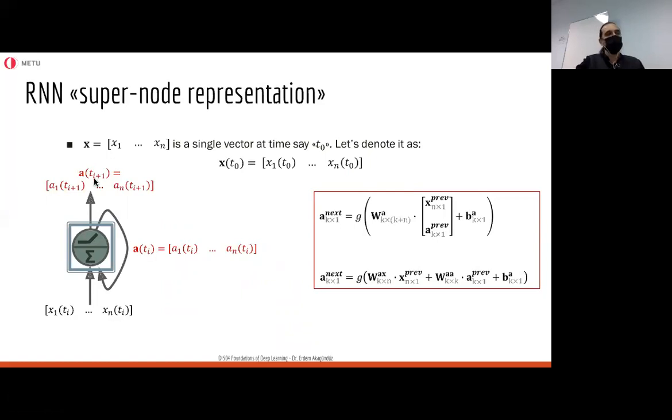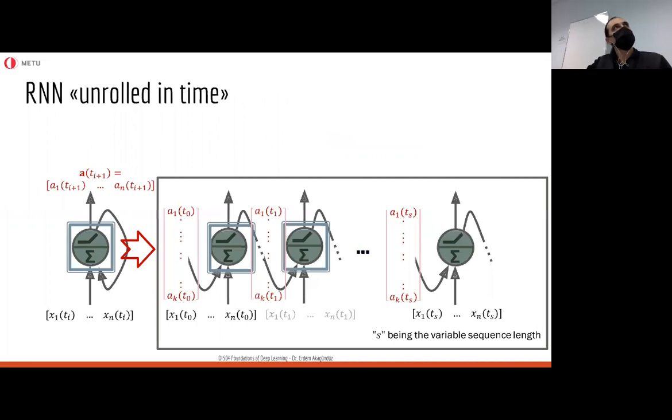I'm thinking that they are discrete steps of time, and it still holds. So instead of A previous, I say A_ti. Instead of A next, I say A_ti plus 1. Nothing changes. And inside, we have this K by K plus N matrix plus the K biases, because this super node includes K nodes. I hope you don't have a problem with that.